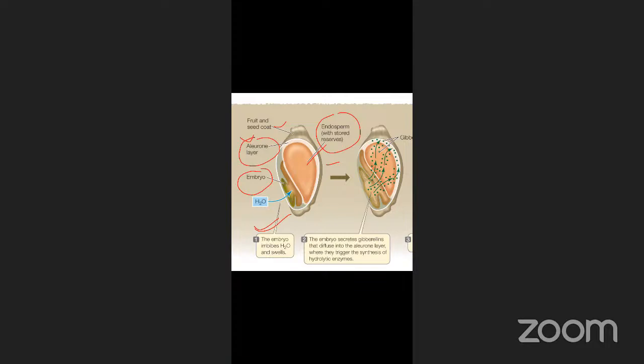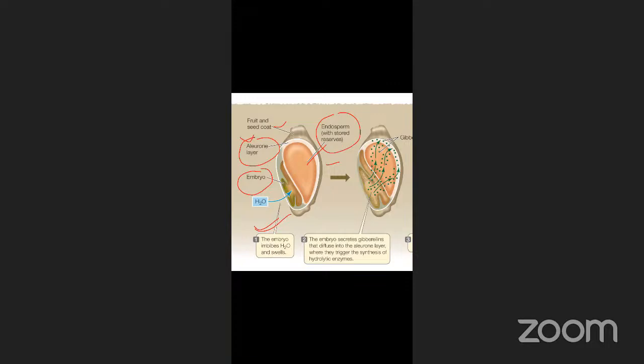Imbibition is absorption of the water molecule by dead cells. But where are the dead cells in the seed? That means simply the seed coat cells are dead cells. So these dead cells absorb the water by the imbibition process.